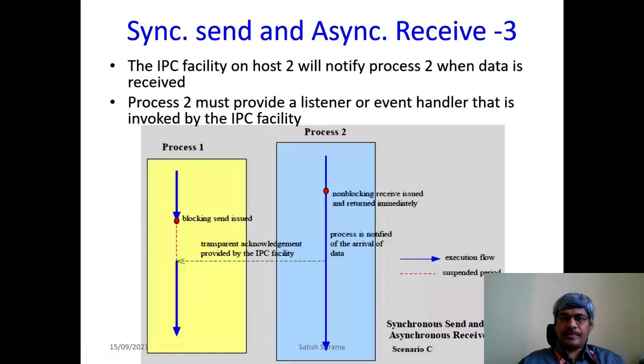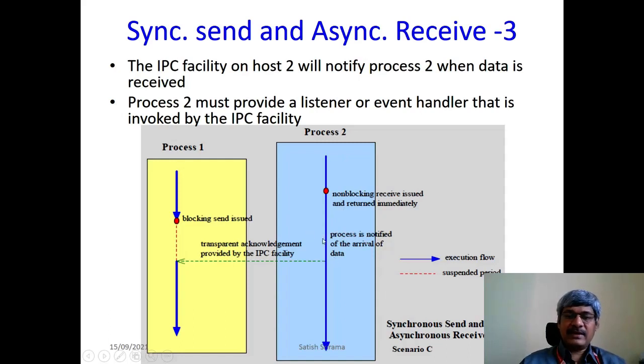That's about scenario 2. A third scenario is also possible. Say a non-blocking receive is issued, but it is not repeated, so no polling is happening. Then a blocking send is issued at process 1, which sends the data. Now the IPC facility knows that the data has been received, even though this process is not waiting. So the IPC facility can notify process 2 that the data has been received.